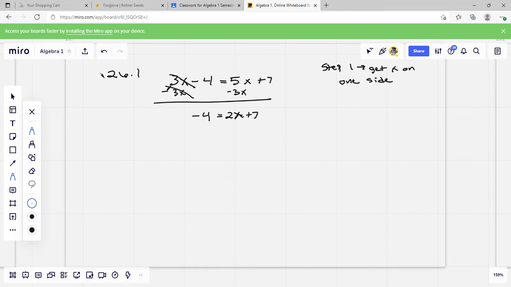Okay, next step. Eliminate the constant on the side with the x.